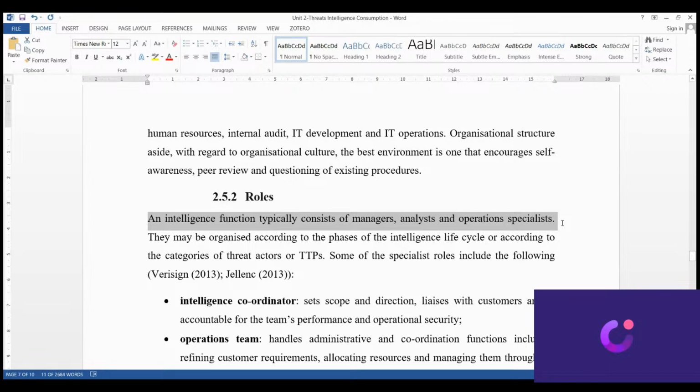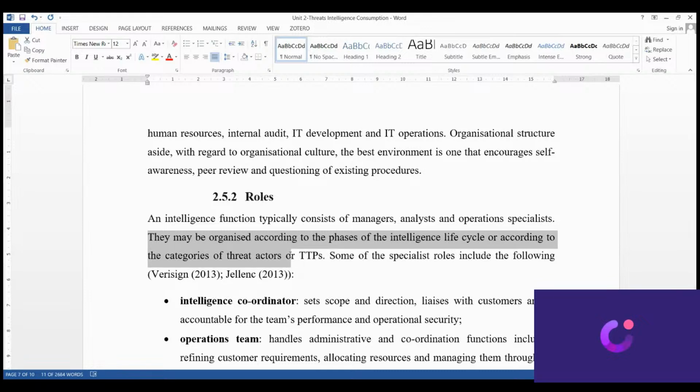Okay, so they may be organized according to phases of the intelligence life cycle or according to categories of threat actors or TTPs. Some specialist roles include the following. So these are some of the roles that you expect.